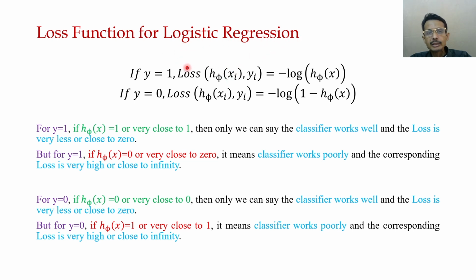If y is equal to 1, that means our target is 1, so our loss is minus log of h_theta(x). And if y is 0, our hypothesis function should produce 0, and the loss of h_theta(x_i), y_i is minus log of 1 minus h_theta(x).